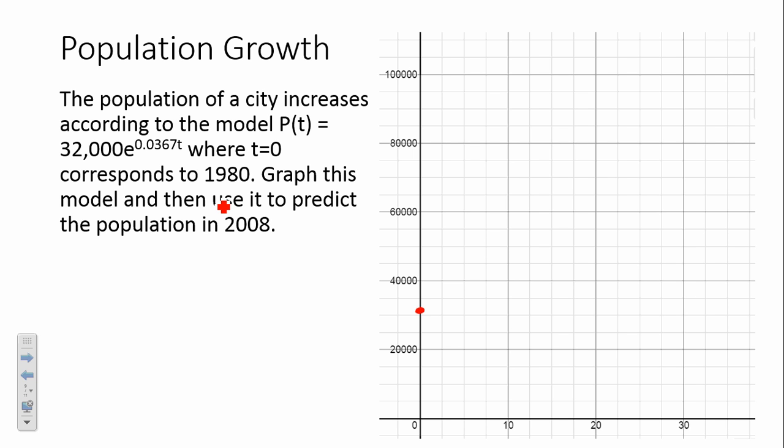Okay? So this is just a whole bunch of problems where we say 32,000 times e to the 0.0367 times 10. Figure out what that is. That'll be your 10 comma something. Find out where it's going to go.